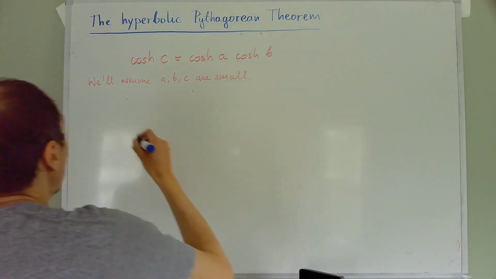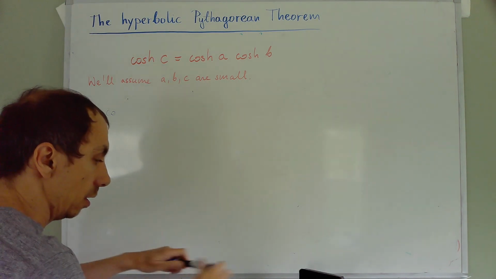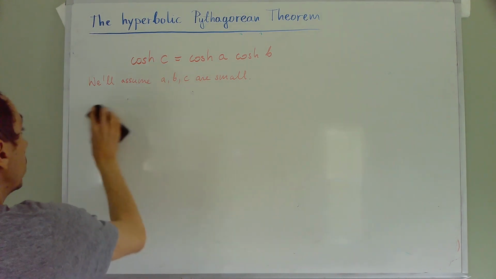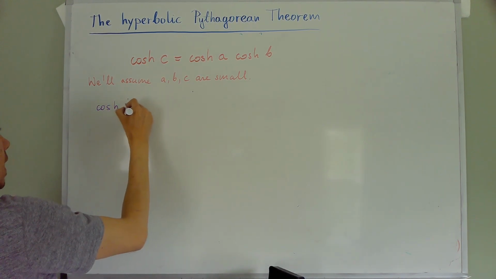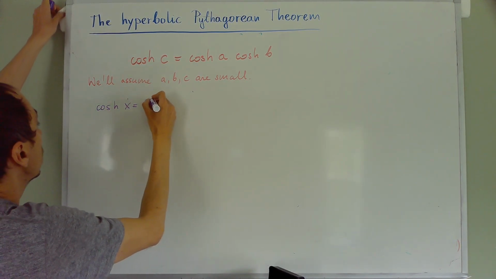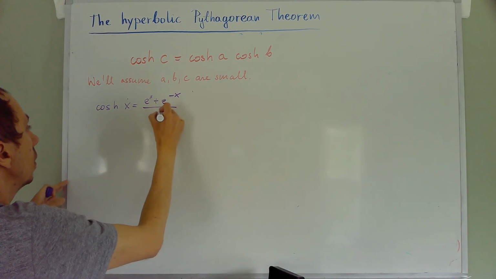So we have, remember, the hyperbolic cosine of x, that's e to the x plus e to the minus x over 2.